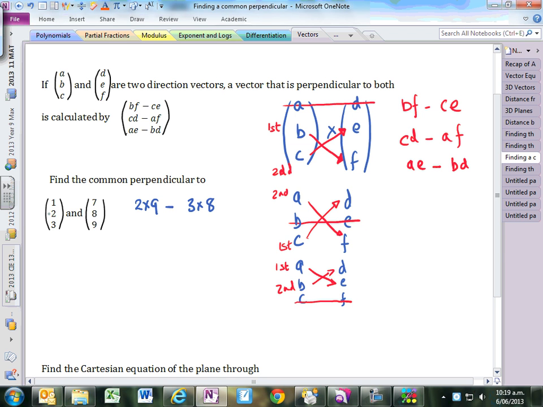My y component, cross out imaginary without crossing out the middle line. Where do I start this one? With the 3 down the bottom left-hand corner here. So it's going to be 3 times 7 minus 1 times 9. And then to get my z component, imagine that I cross off the bottom line, and then go 1 times 8 minus 2 times 7.